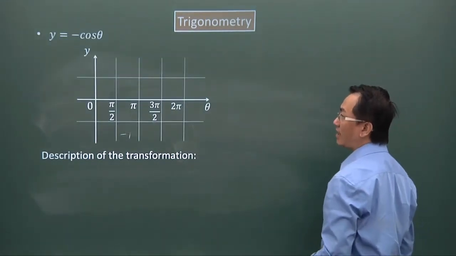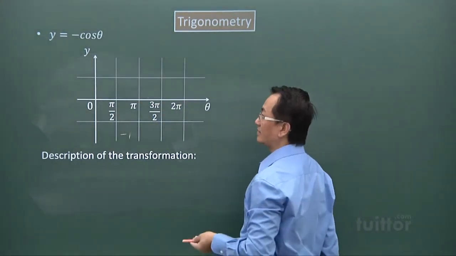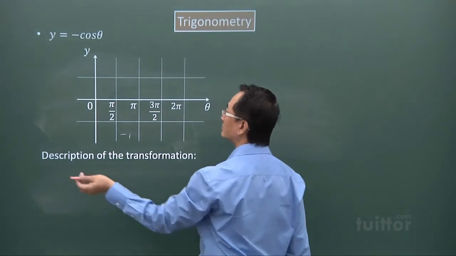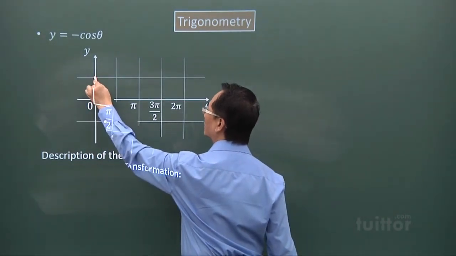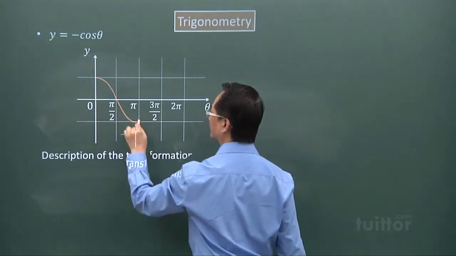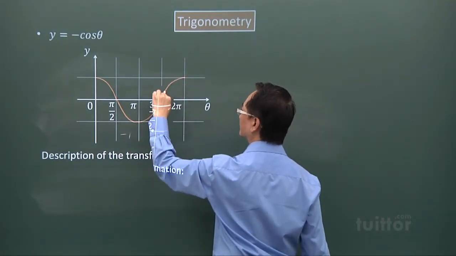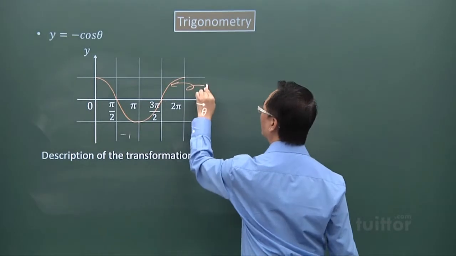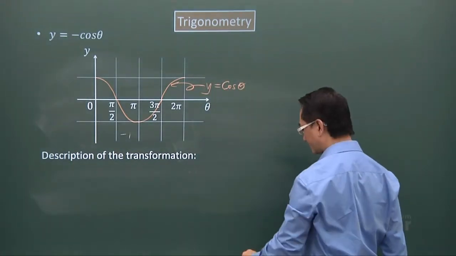For the next graph, y equals negative cos theta, I will sketch for us the original graph. So that is your y equals cos theta.